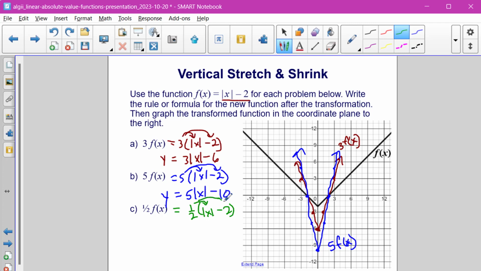So we're going to have y equals 1/2 times the absolute value of x minus half of 2 is 1. So then our y-intercept is going to be at negative 1, and our vertex for that matter. And then instead of going up 1 and over 1, we're going to go up 1/2 and over 1, or you could go up 1 and over 2.